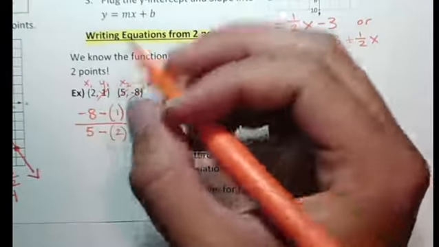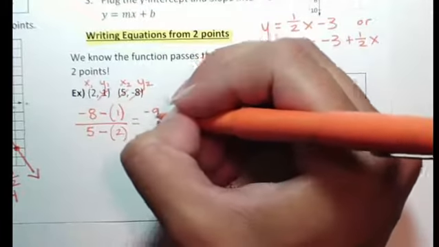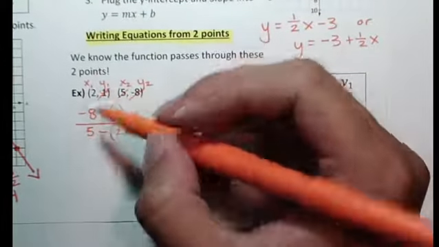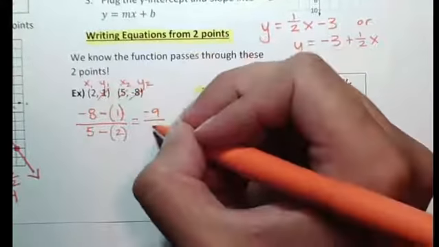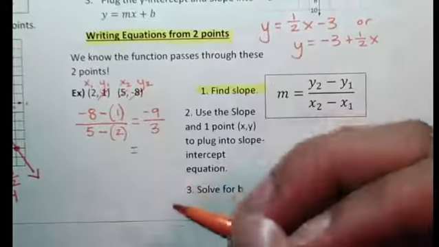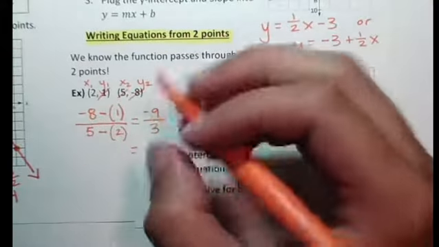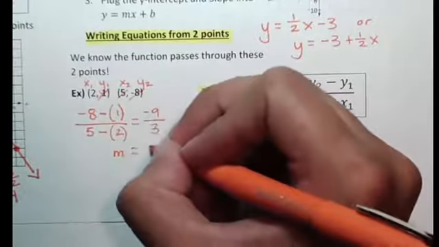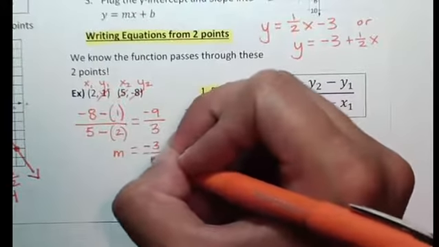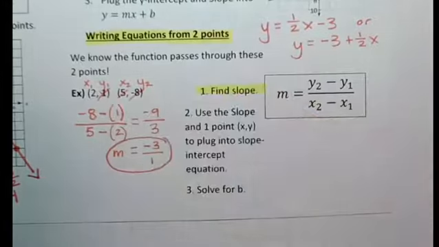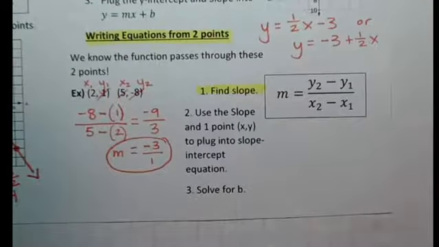So -8 minus 1 is -9. 5 minus 2 is a +3. 3 goes into 9 3 times, which leaves me with my slope is -3 over 1. Now let's double check that with our calculator, since we know how to enter these 2 points in our calculator to find the slope.